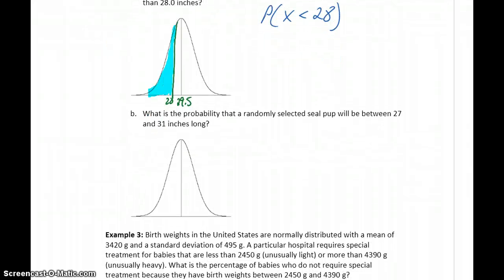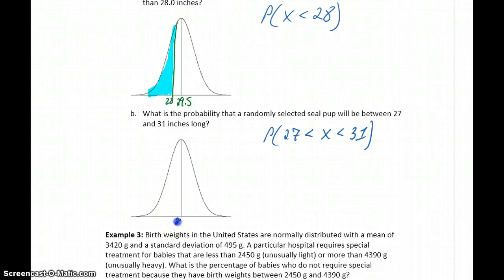In part B, we want to find the probability that a randomly selected seal will be between 27 and 31 inches long. So that means we want to calculate the probability that our randomly selected seal will have a measurement that's somewhere between 27 and 31.